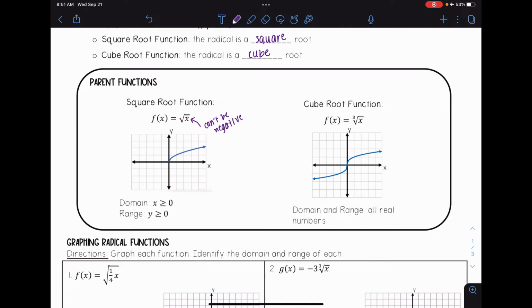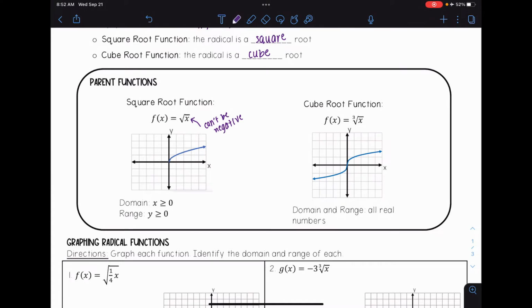So for instance, if this graph was instead up here and going that direction, the domain would still be x is greater than or equal to 0, because on the x-axis it's going from everything from 0 on. But my range here would instead be y is greater than or equal to 2, because I'm looking at 2 on the y-axis and it goes everything above that. So something to watch out for when you're going into that homework assignment.